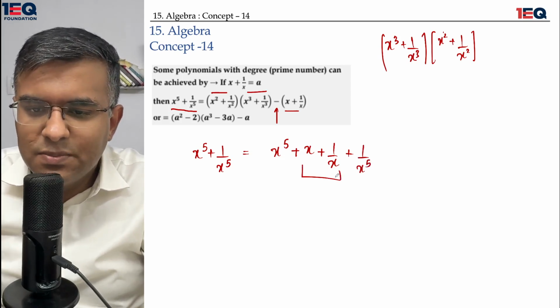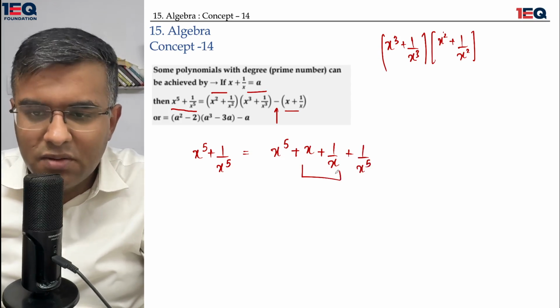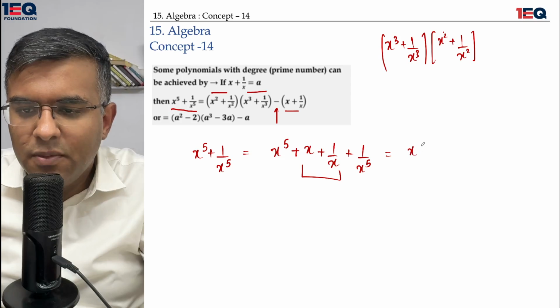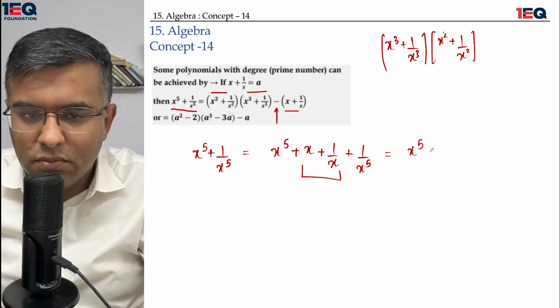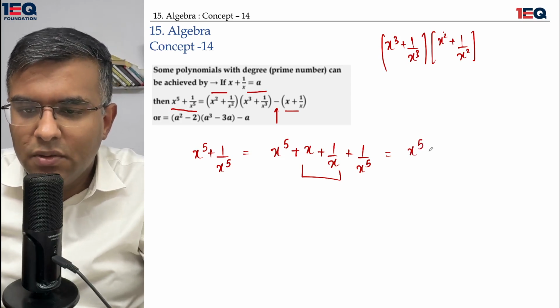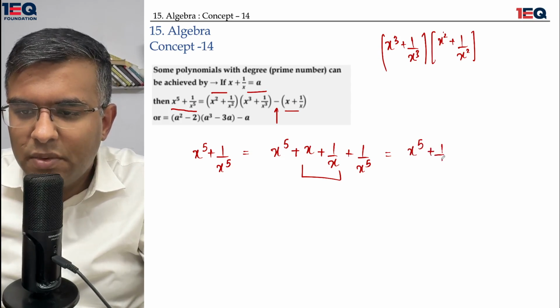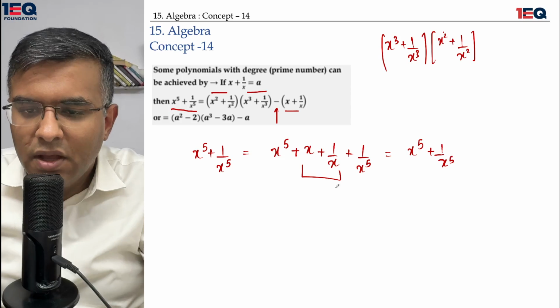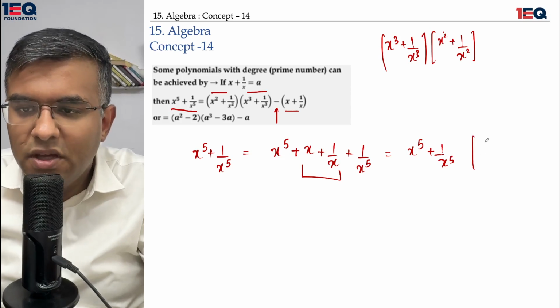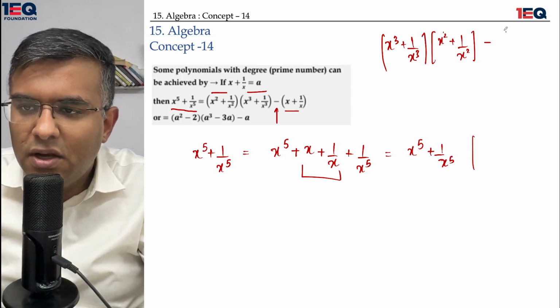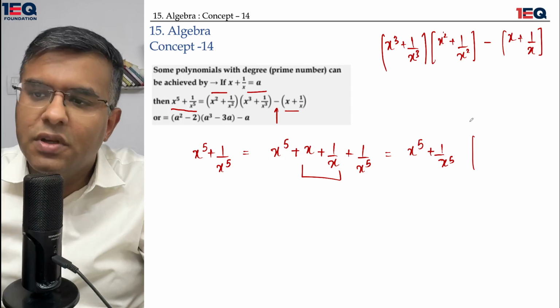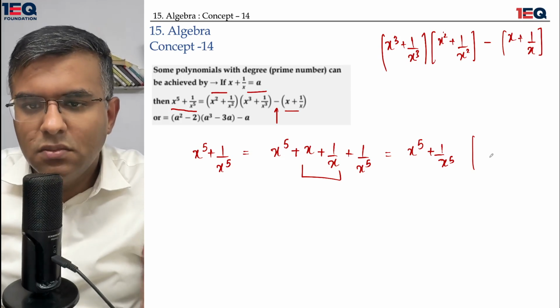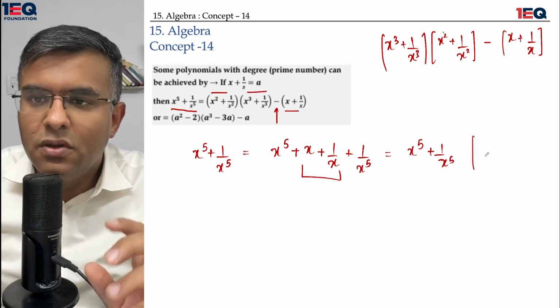So this is basically an unwanted byproduct. What would I do with that? I would remove it. So x raised to the power 5 plus 1 by x raised to the power 5, and when I remove this situation out of the equation, I have to write a minus x plus 1 by x over here. Okay, so this is the derivation.